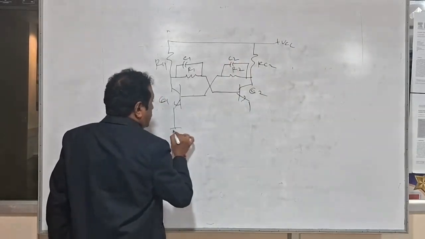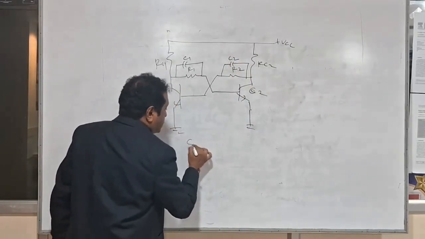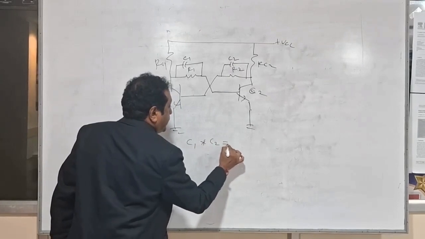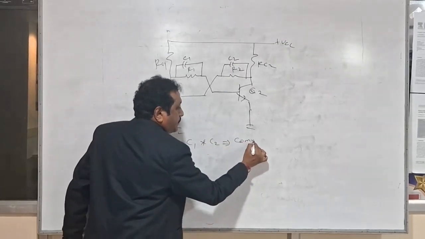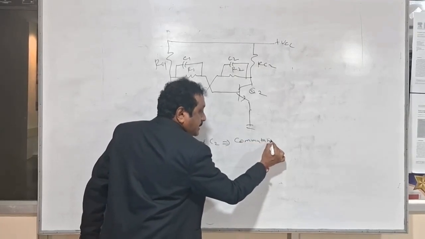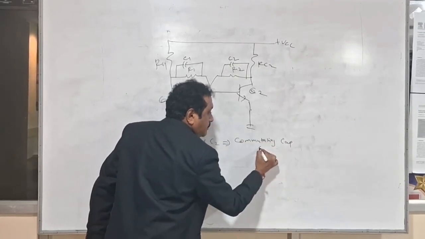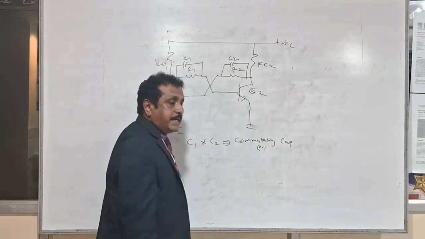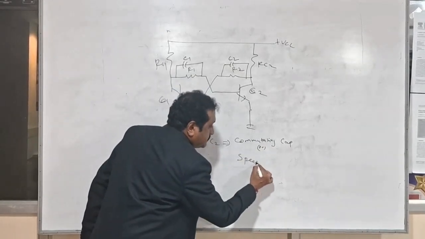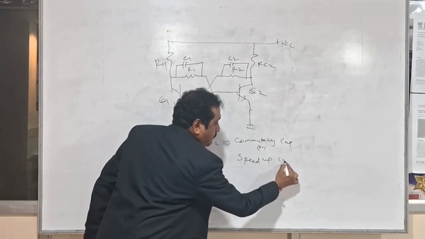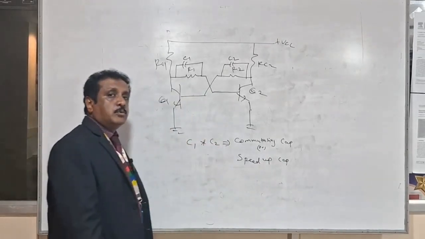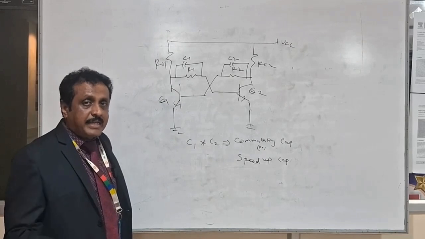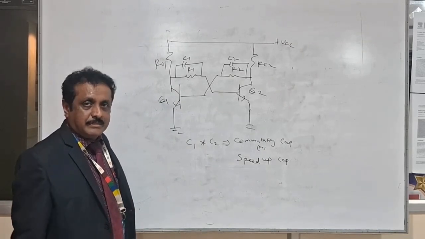So C1 and C2 are called commutating capacitors, or speed up capacitors. The purpose of these two capacitors is to speed up the transition between on and off state.